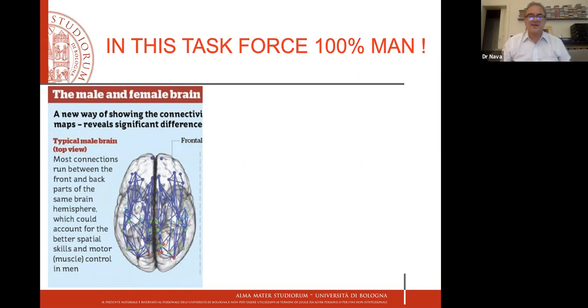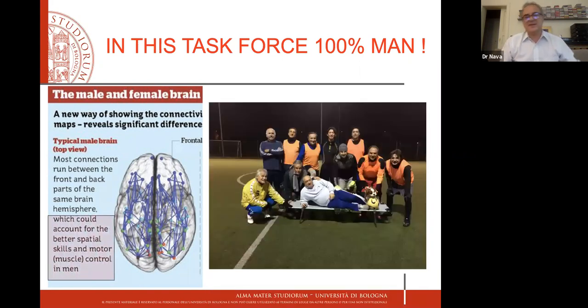This is why women are scientists, and men, even if they are old, they are still playing stupid games. Thank you very much. This is me, and this is my dog, Ralph. And this is our captain. Please note the fantastic body of our captain. Thank you very much. I'm willing to answer your questions.